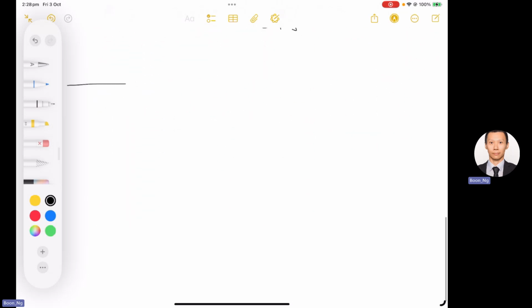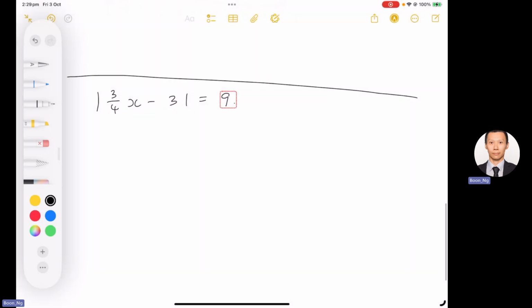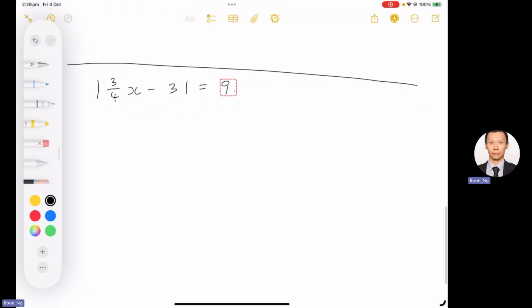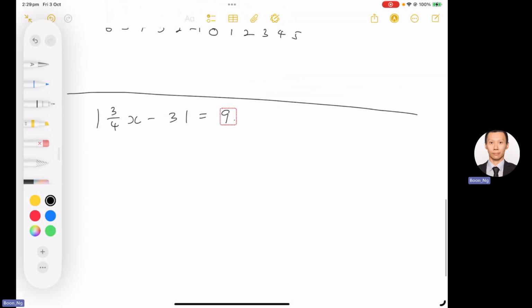Now we also go through the second example, which is example 4. Let's do this first: absolute value of 3 over 4 x minus 3 equals 9. We need to solve for x.